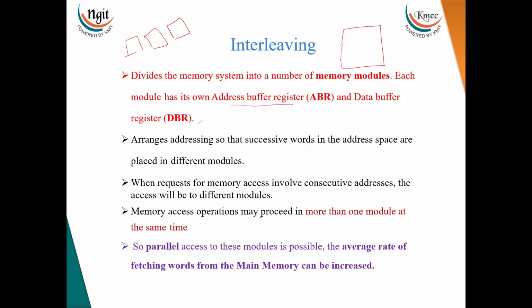Memory access operations may proceed in more than one module at the same time, so parallel access to these modules is possible. The average rate of fetching words from the main memory can be increased. If the processor is fetching data from more than one module at a time, then the transfer rate can be increased.